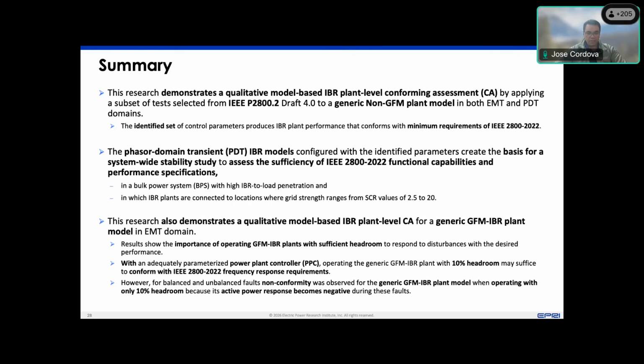Also, the conclusions that I made about the different unbalanced faults, that some of them were not conforming, also depend on headroom and other conditions. But overall, this just shows what conformity assessment will look like for the different EMT and PDT models.